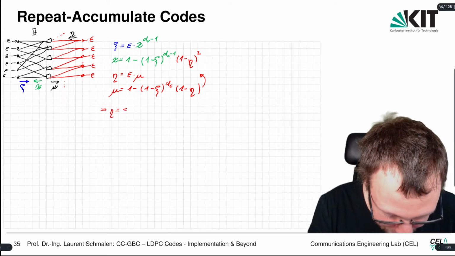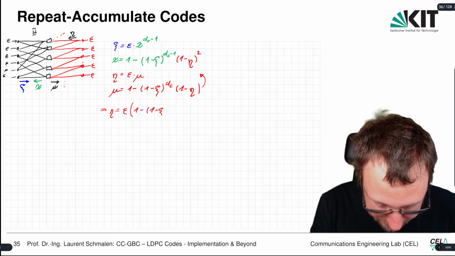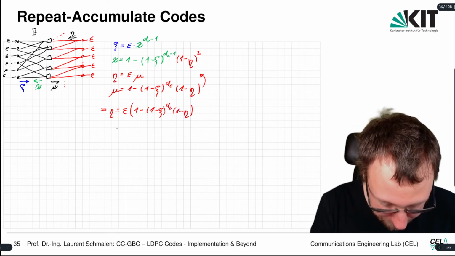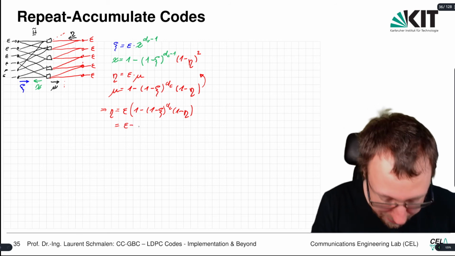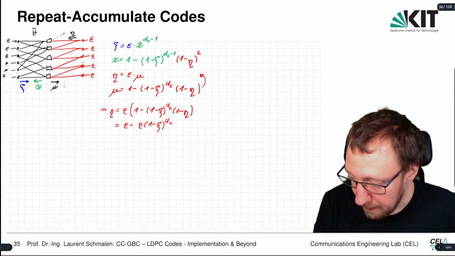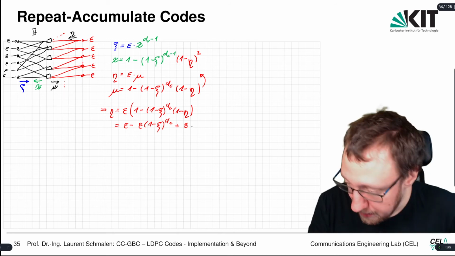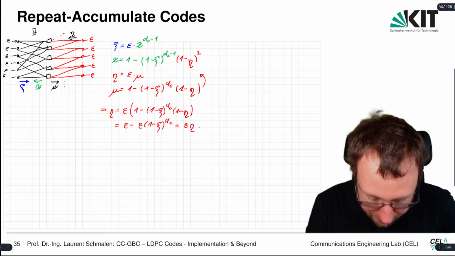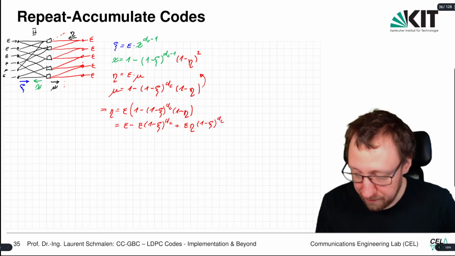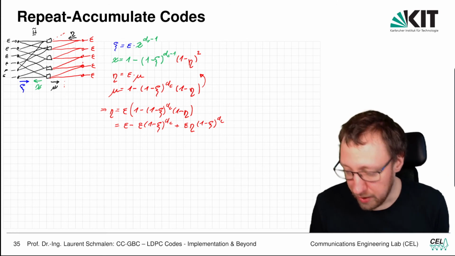eta is epsilon times mu. So it's epsilon times (1 minus x_c)^dc times (1 minus eta). So this is epsilon minus epsilon times (1 minus x_c)^dc plus epsilon times eta times (1 minus x_c)^dc. And then we put everything that's part of eta on the one hand side.